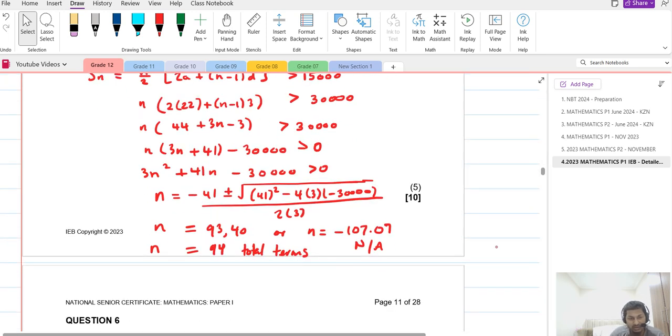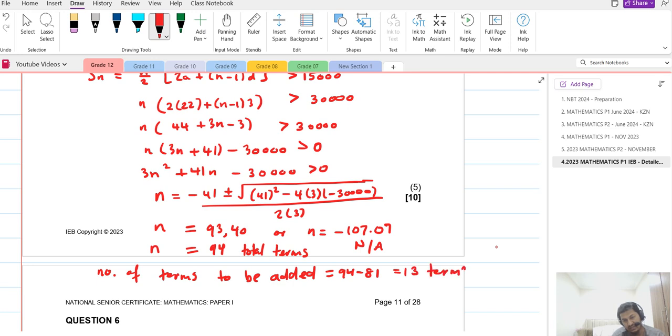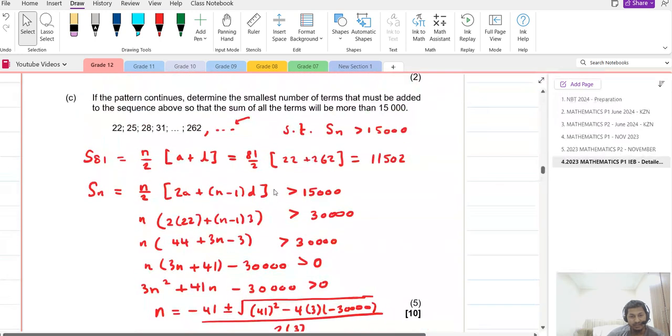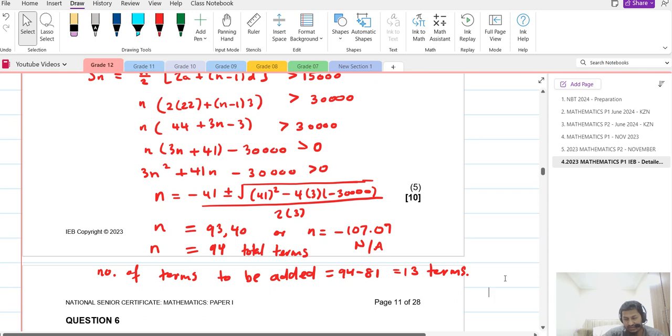So there are 13 terms that must be added if the pattern continues. So the number of terms to be added is 13 terms.